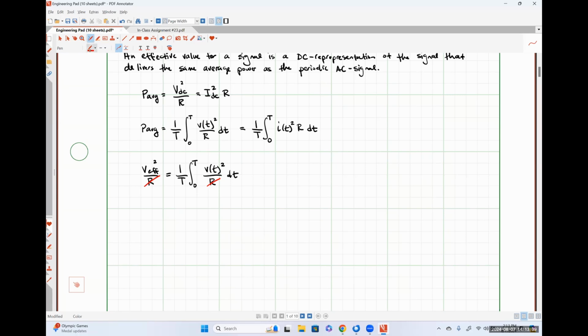And so now, in order to figure out what our effective value is in terms of our periodic AC waveform, we simply need to take the square root of both sides. And in doing so, we're given the relationship: the effective value of our voltage will be equal to the square root of 1 over T times the integral from 0 to T of the square of our periodic voltage waveform.